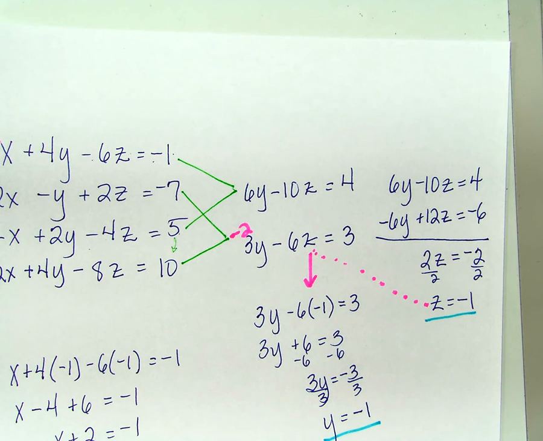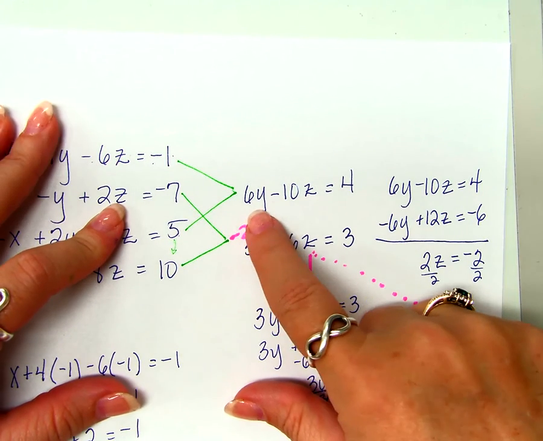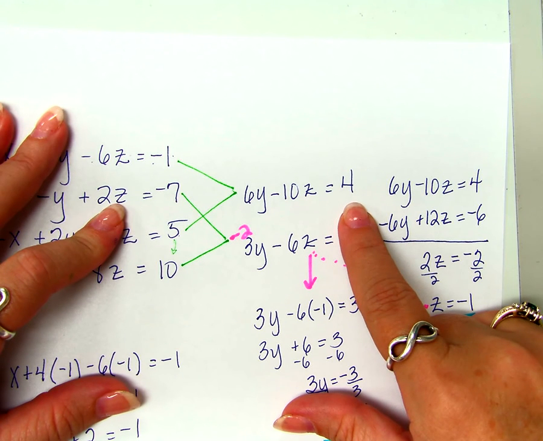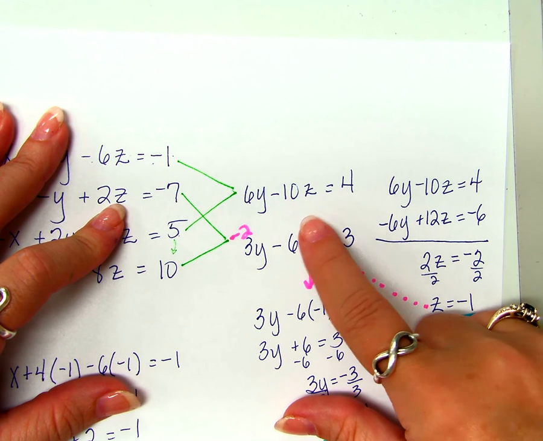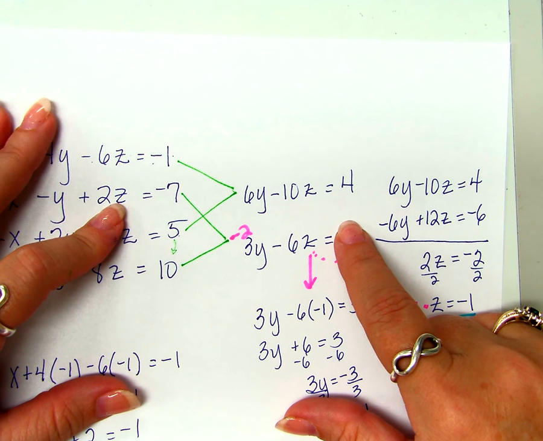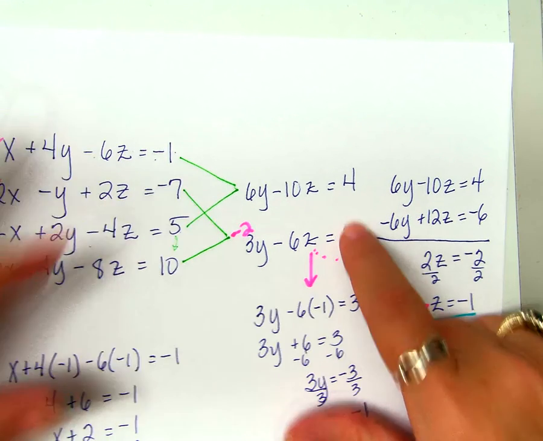Okay? What if we combine and combine and combine? What if this was negative 6y plus 10z equals negative 4? What would it be then? 0 equals 0. Does 0 equal 0? Will 0 always equal 0? What do you think is happening there?